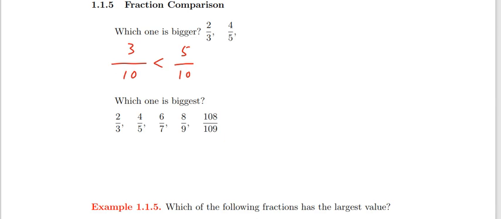Because 5 is bigger than 3. If the denominator is not the same, we need to change them to a common denominator. Then we can compare. If we compare two numbers, it's easy. But sometimes we compare many numbers, like here compare 5 numbers, which one is big?